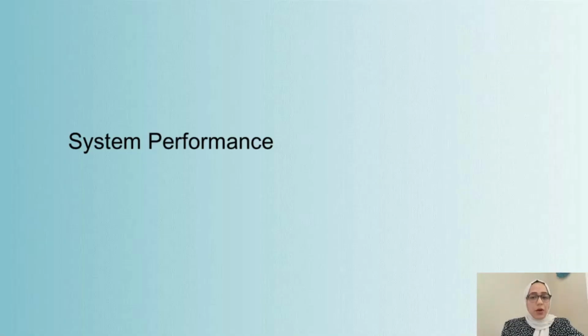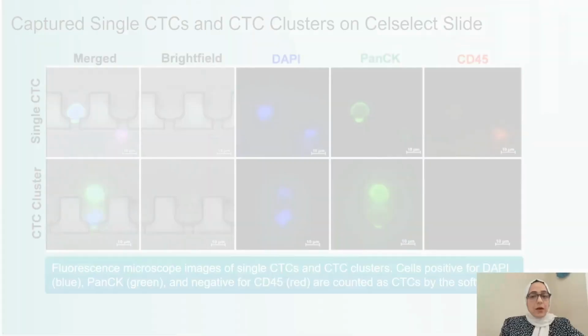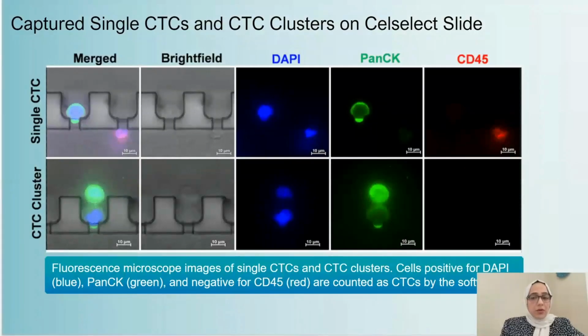Now we would like to talk about some of the performance verification results our Bio-Rad team has generated. Here are some fluorescent microscope images of single CTCs and CTC clusters captured on a CellSelect slide.